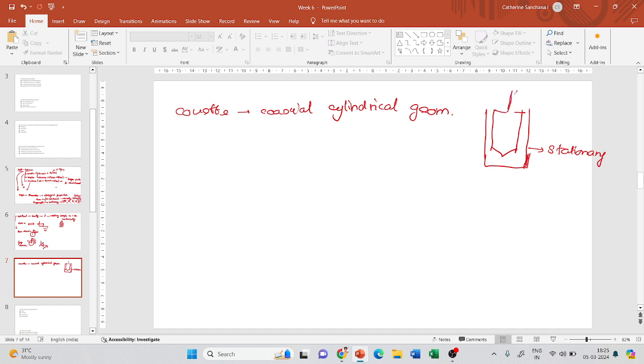So this is the cup and this is the spindle, and this is the moving part. Now the sample is filled in this region.